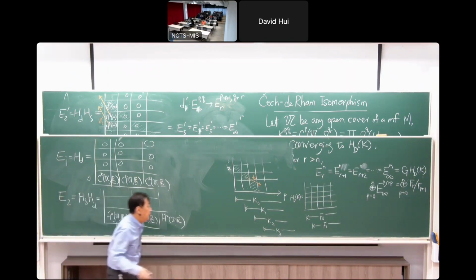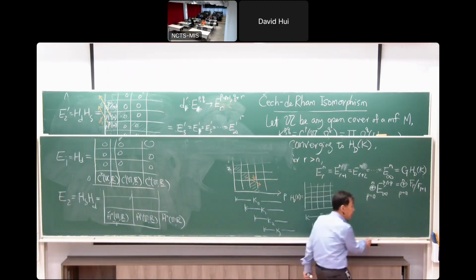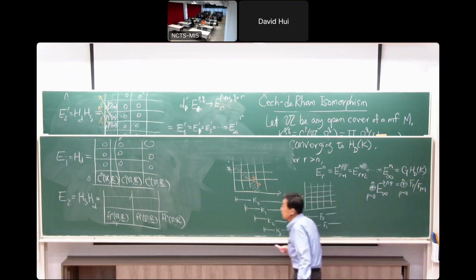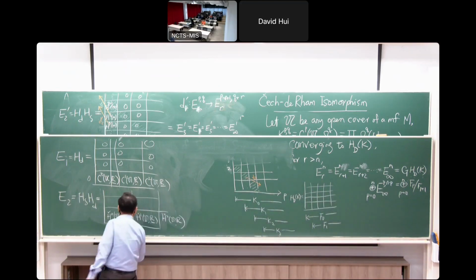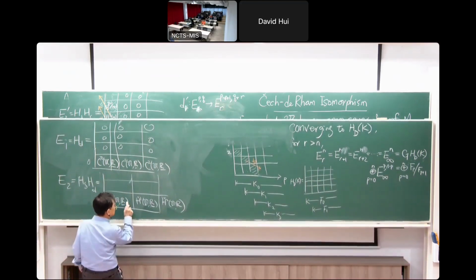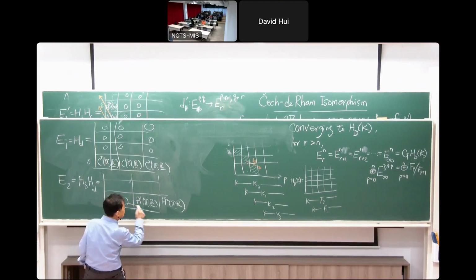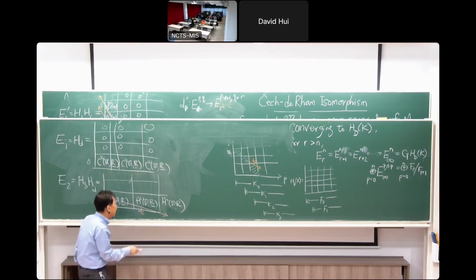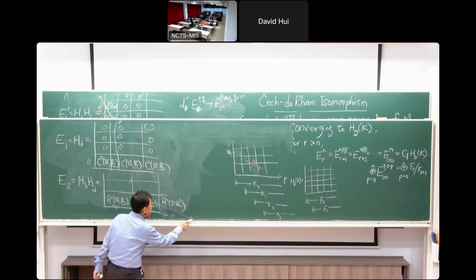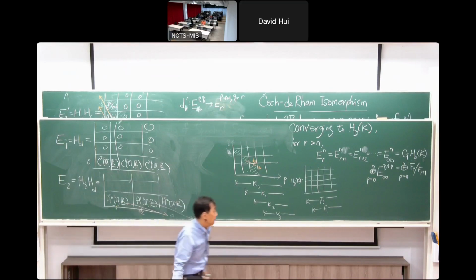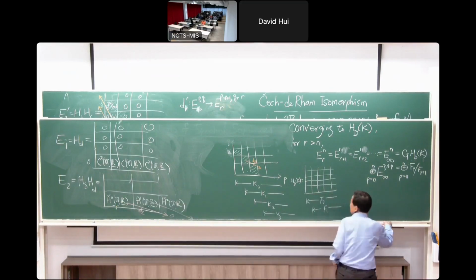Okay. And now D2 goes down 1 and across 2. So D2 is going to go from here to here. But just because it goes down 1, it has to be 0. And D3, D4, and so on.